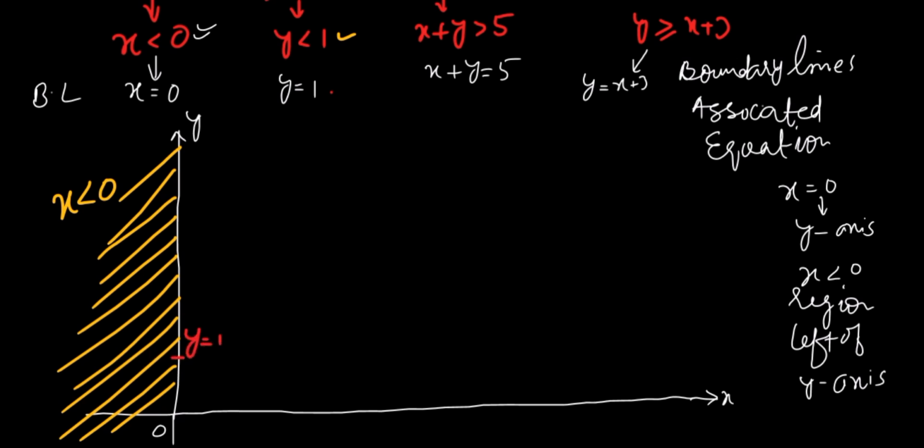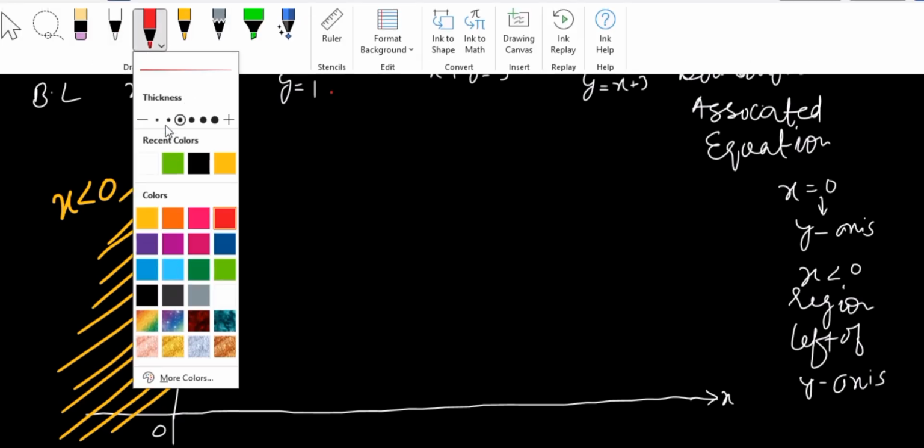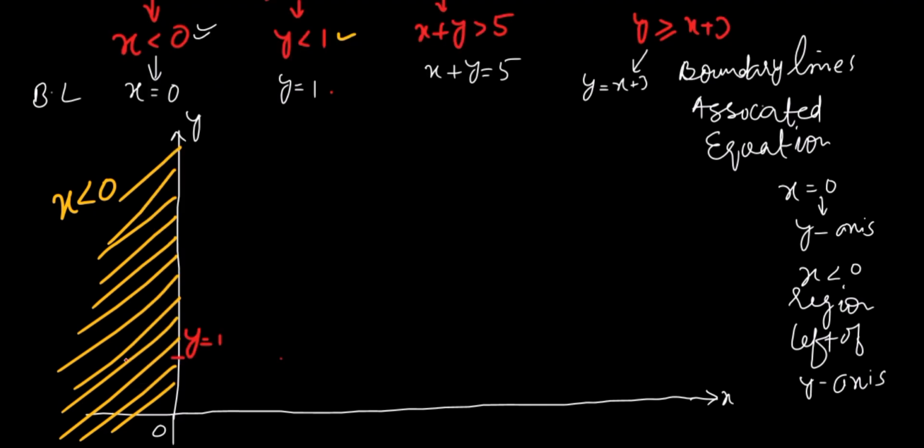This is a straight, horizontal line that shows the graph of y equal to 1.